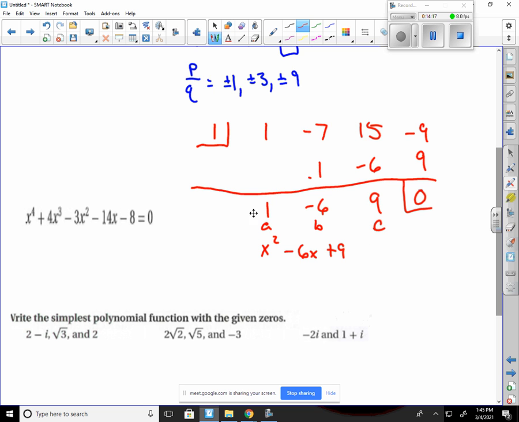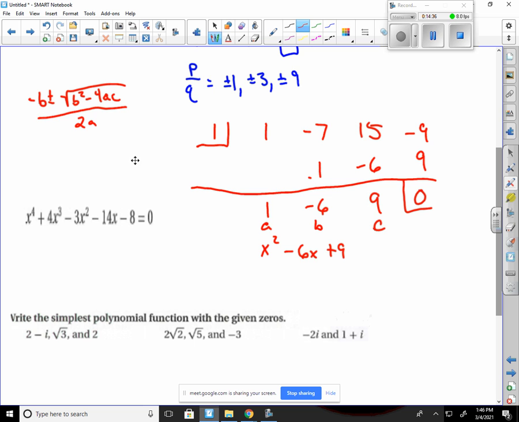So now we take this and put it in the quadratic formula. Negative b plus or minus square root b squared minus 4ac all over 2a.